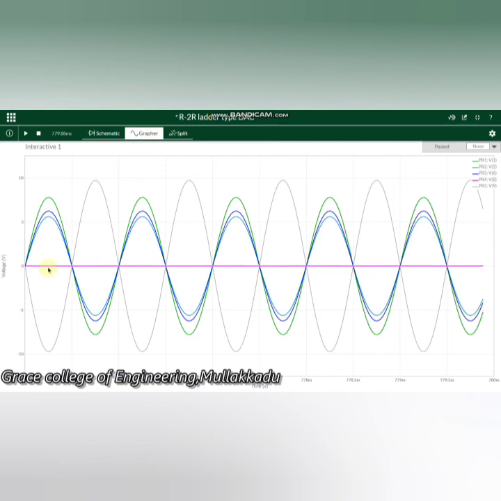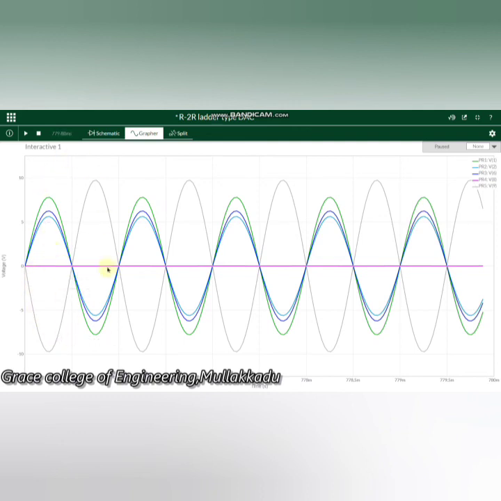In this way, we can divide the analog value by means of a digital input into different analog output values using the R2R ladder network. By giving the digital input at 4 bits, we can obtain the analog output value.